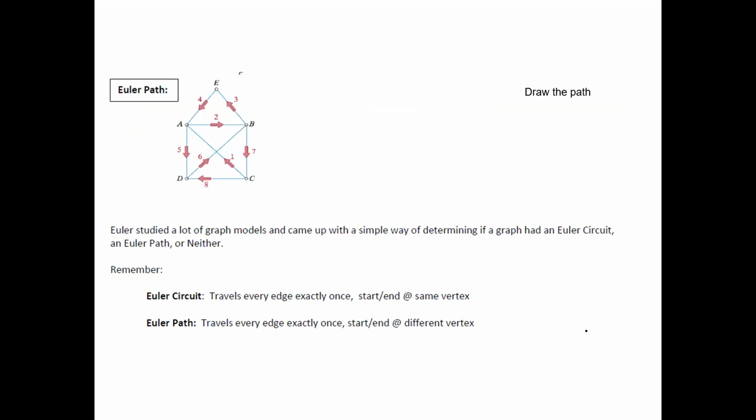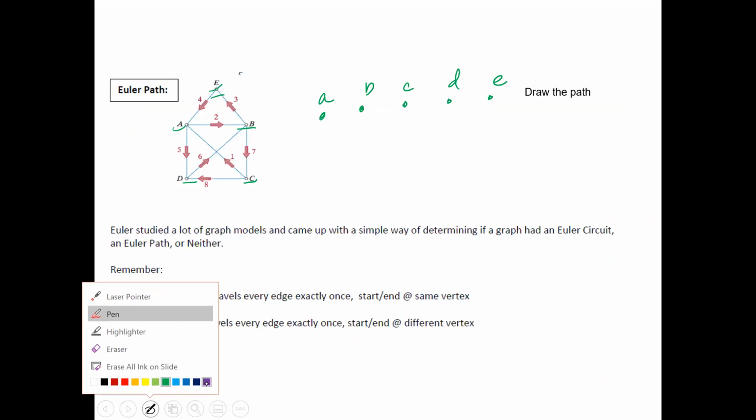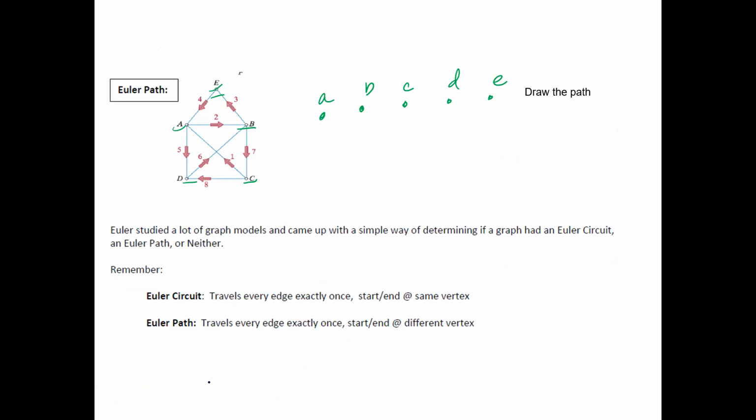Now let's try this one here. So what I want you guys to do is take the vertices A, B, C, D, and E. I'm going to do this in the form of a straight line, and we're going to go through the path, okay?